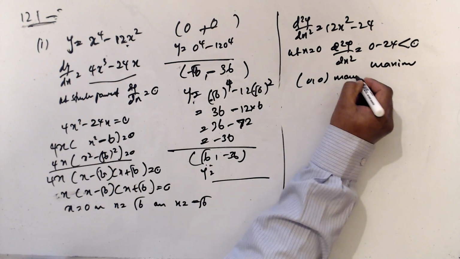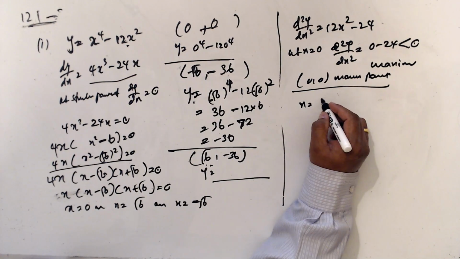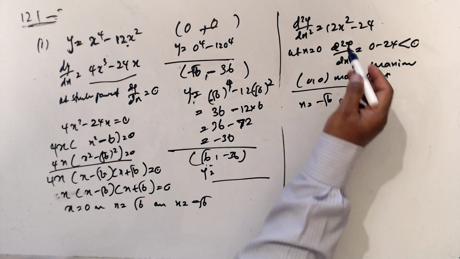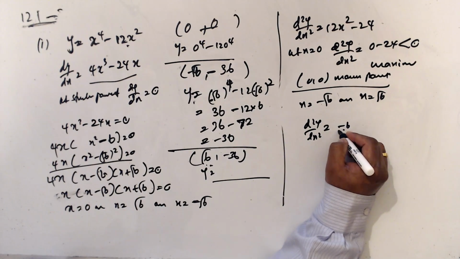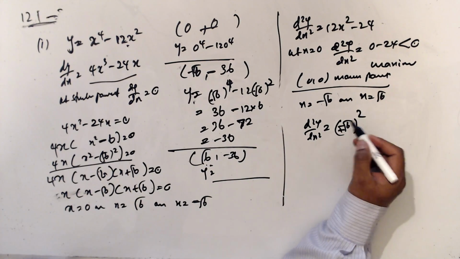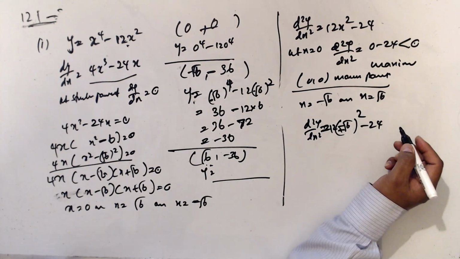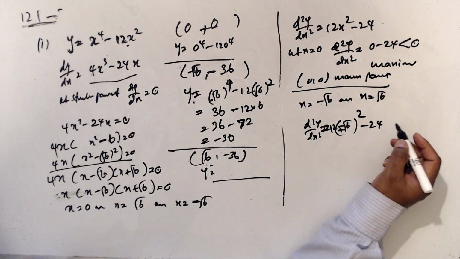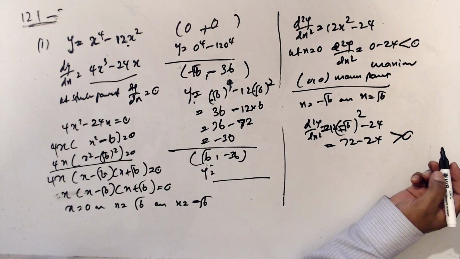Now when x equals minus square root 6 or x equals square root 6, can you see that d squared y over dx squared equals 12 times, plus, I'll write both squared, it doesn't matter because this is positive, 12 times 6, 72 minus 24. So this is greater than 0.